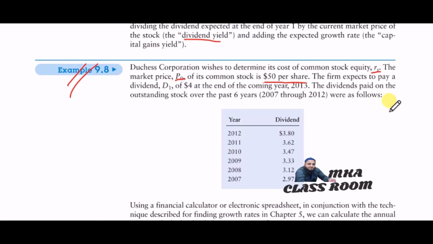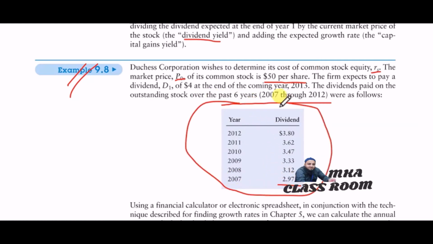The dividends paid on the outstanding stock over the past 6 years are given here. Here you will see 2007, 2.97; 2008, 3.12; 2009, 3.33. So here there is a growth rate, and this growth rate is constant.